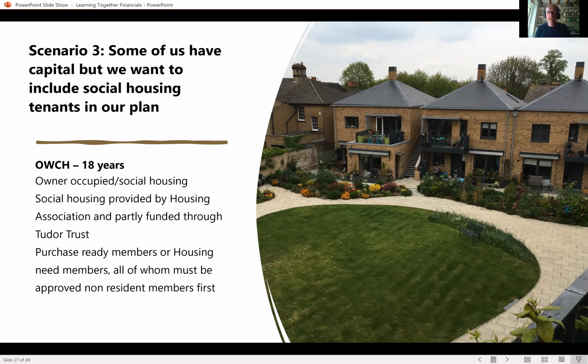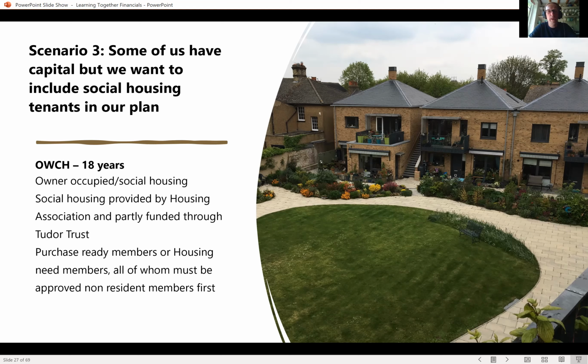But in addition to the housing need, they also have to go through the recruitment process of the project themselves, which is the same with the owner-occupied houses as well. So everybody has to go through this process of becoming a member, a non-residential member, seeing how it all works, and then becoming a residential member.